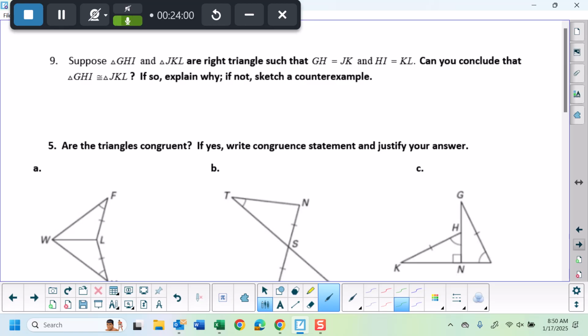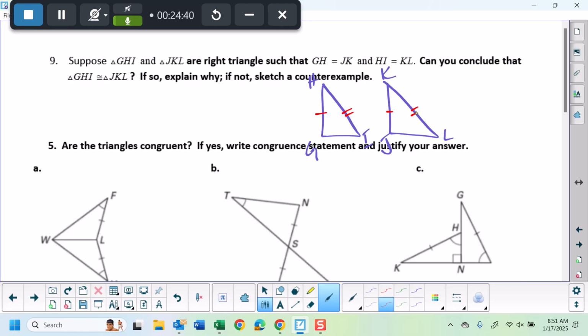The truth is, if I draw these two right triangles, and I name this one GHI, and if this is G, this one is J, and this one is K, and this one is L. Notice that they told us that GH and JK were congruent, and HI and KL were congruent. Can you conclude that they're congruent? Yes, absolutely. But I don't know if it's HL or side angle side.